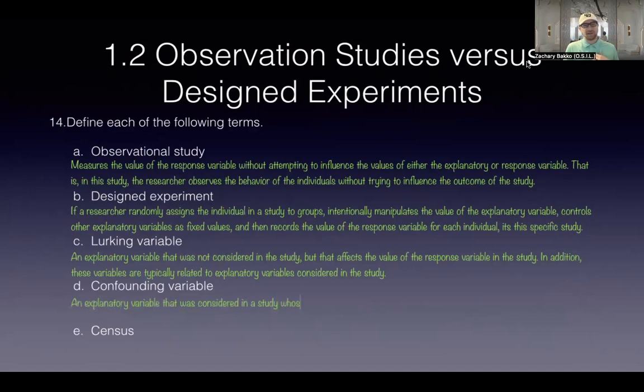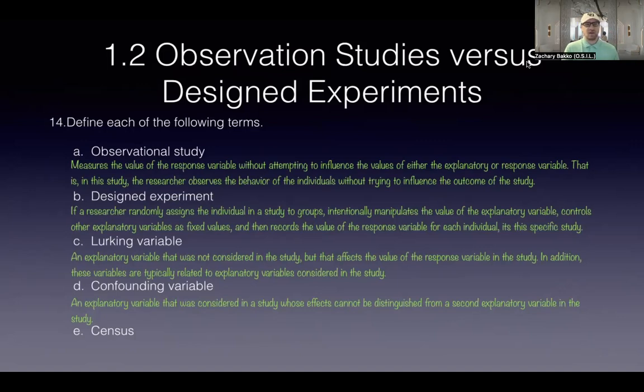Okay, and students, myself included, tend to get this confused with a confounding variable, whereas a confounding variable is an explanatory variable that was considered in the study, whose effects cannot be distinguished from a second explanatory variable in the study. So you already accounted for it. So let's kind of use that same example. We're looking at animal attacks in the summertime, and we have sharks, barracudas, and bears.